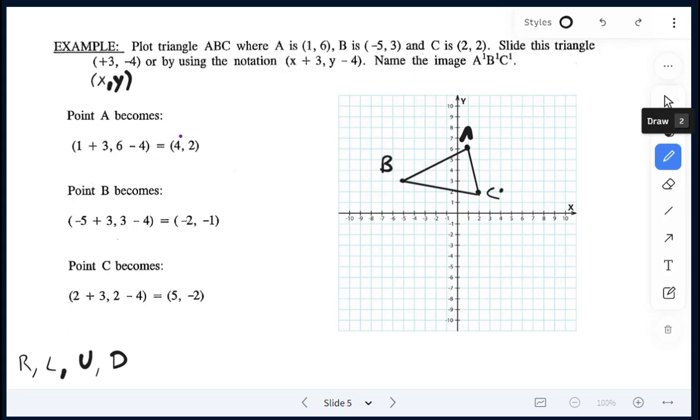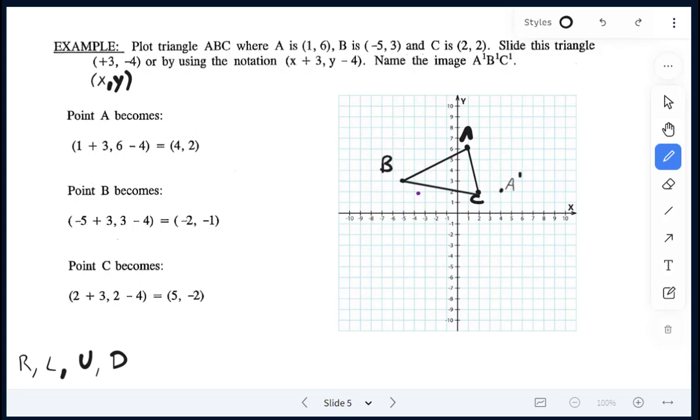Our new point should be at 4, 2. So if we look at that, 4, 2, that is our new point, and we call it A prime. So A prime, that's our new point there. I'm just going to move the C a little bit over, not to be confused. All right, so we call that point A prime.